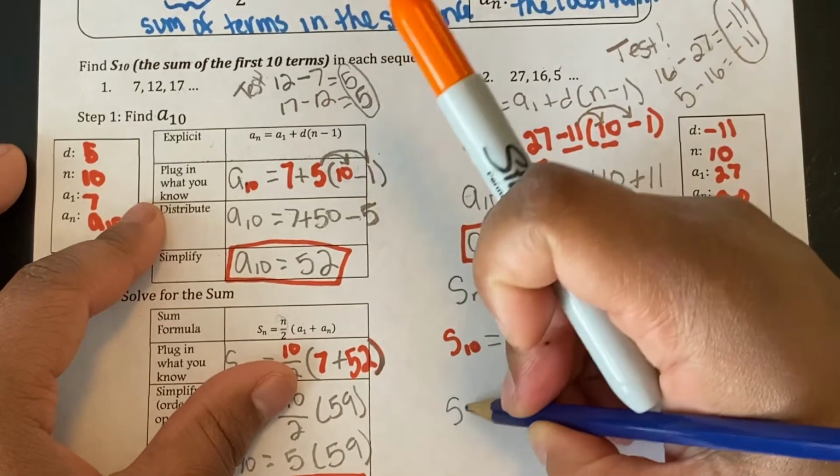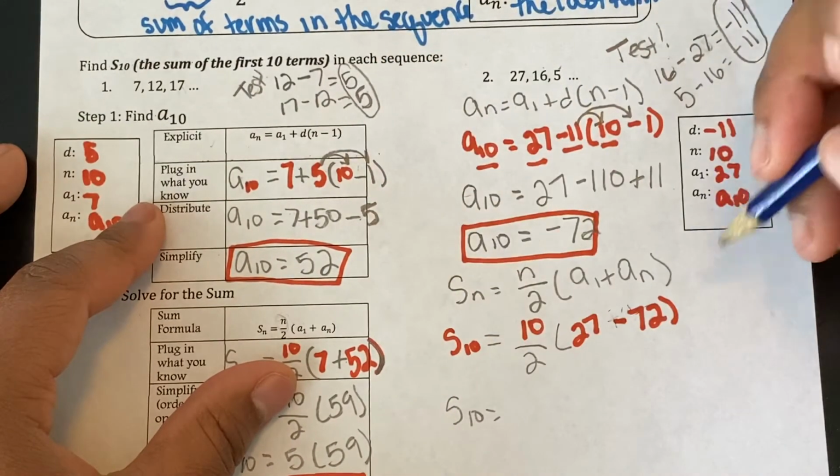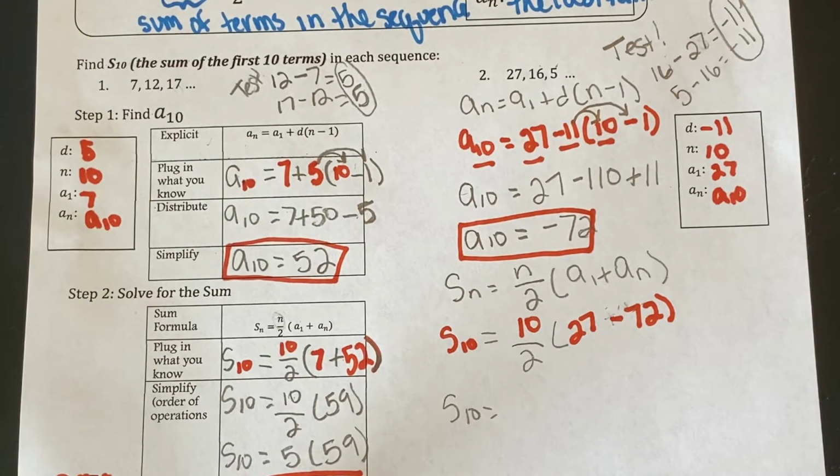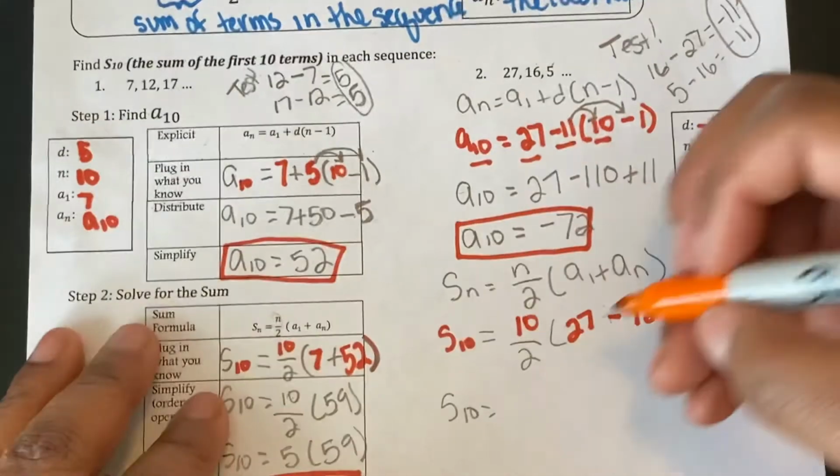So S sub 10 equals, let's do parentheses first, always. Please excuse my dear Aunt Sally. 27 minus negative 72, or plus 72, equals negative 45.